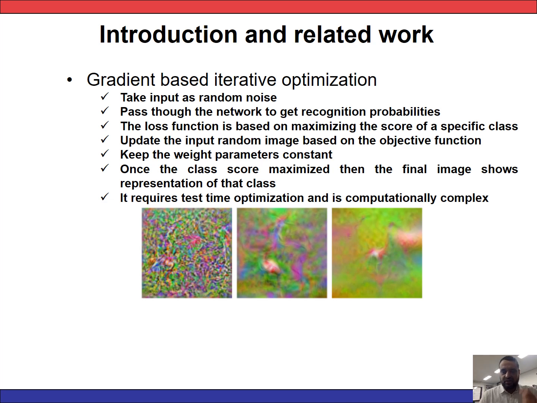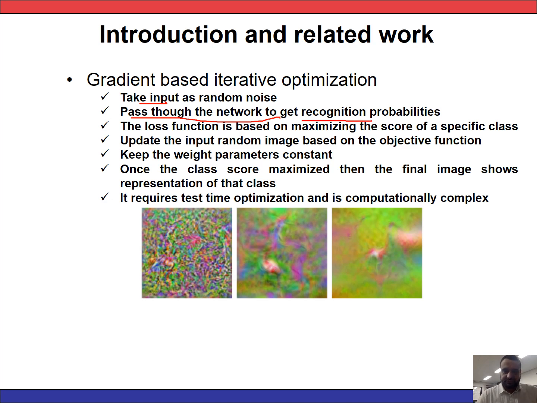So how it works: first they trained the neural network, the classification neural network. After training the classification neural network, they provide the input, which is not an image but a random noise, and then they pass this random noise through the network and get the recognition probabilities.